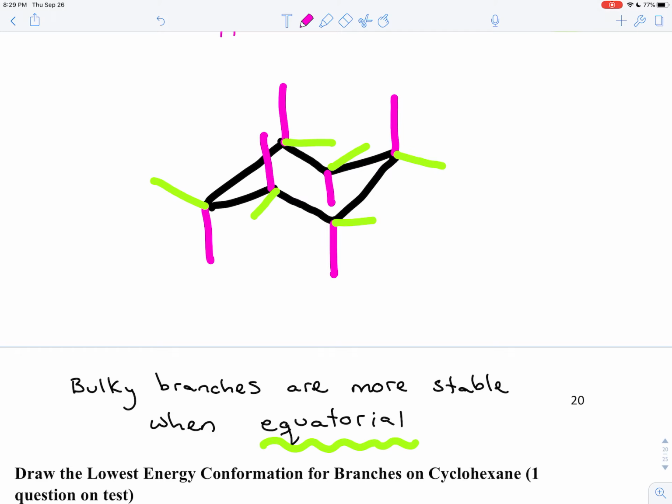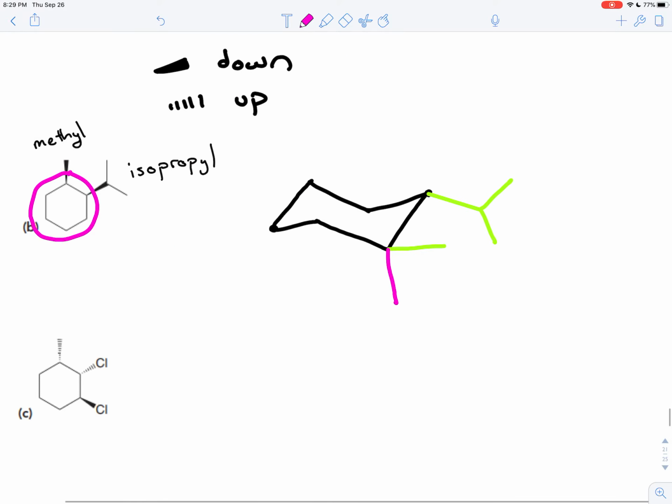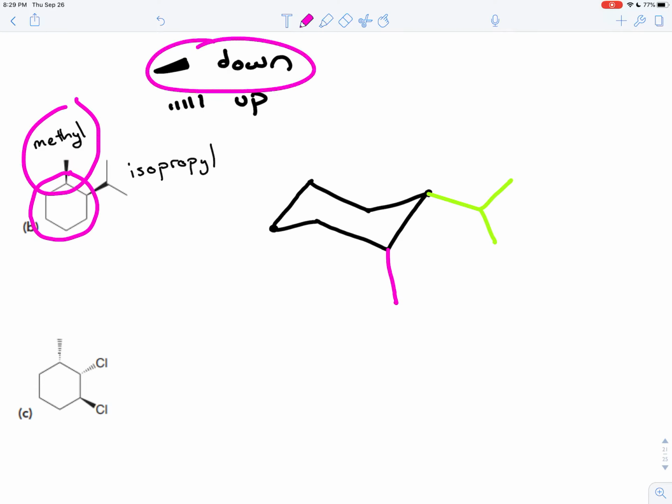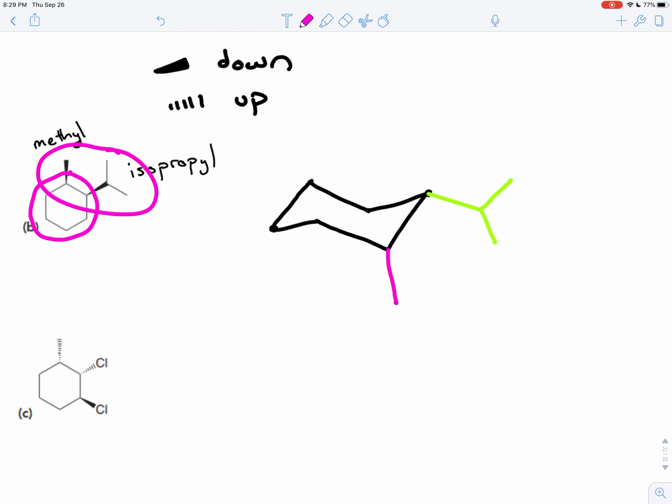If this is equatorial down, next to it is equatorial up, which means that you have axial going down. So we need this methyl group going down, so we have to draw it as axial. There's no way to have both of these branches equatorial going in the same direction next to each other.